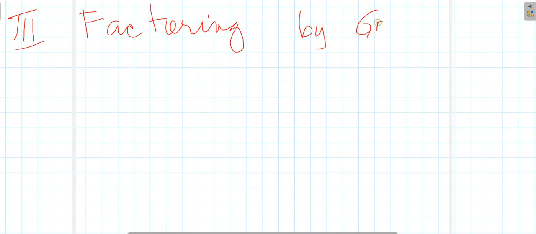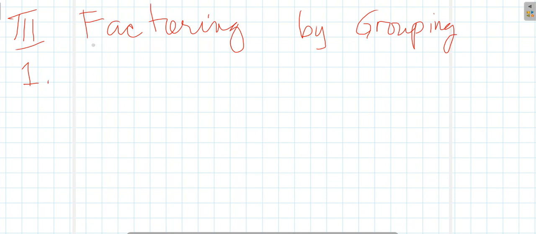This is factoring by grouping. Okay, by grouping. Okay, so we have an example. We have number 1. Okay, you're going to factor. Where is that example? Okay, so this is the example.